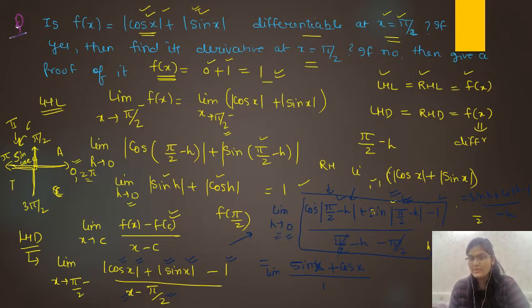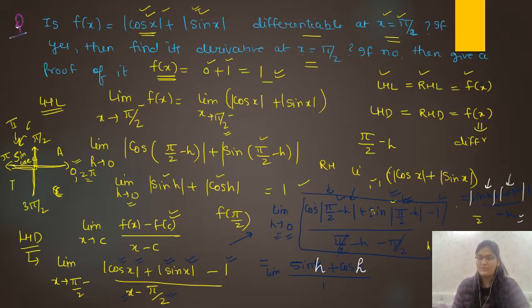Now if you differentiate it, the differentiation of sine is cos x, so you can say cos h, and differentiation of cos is minus sine, but because these are in modulus form, you'll have plus sine h, right? And in the denominator what you have got, minus h.